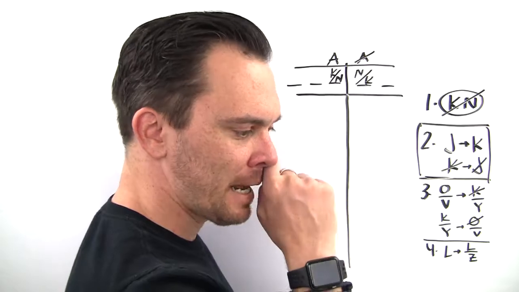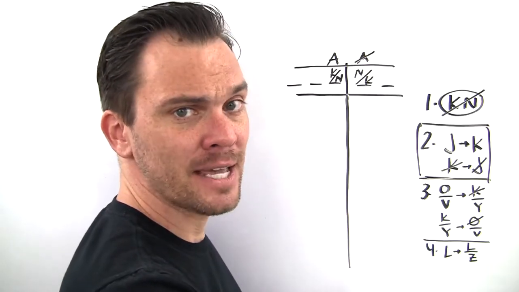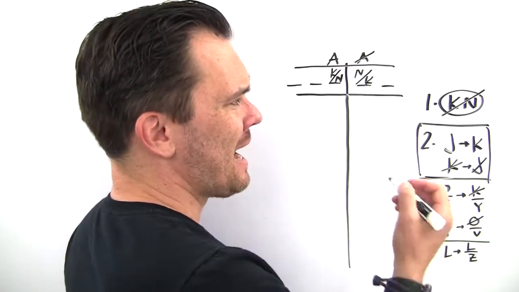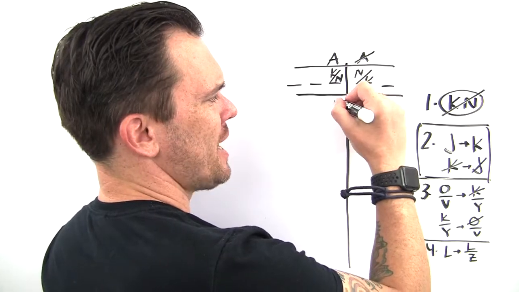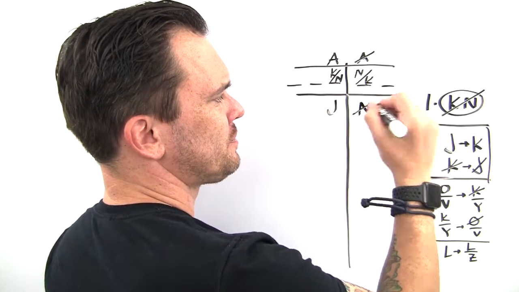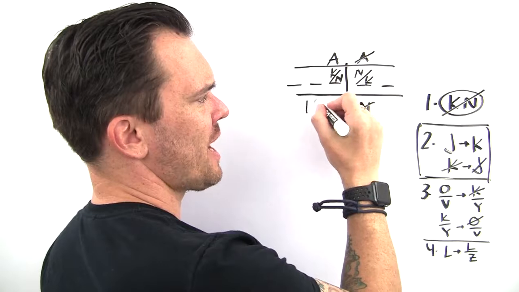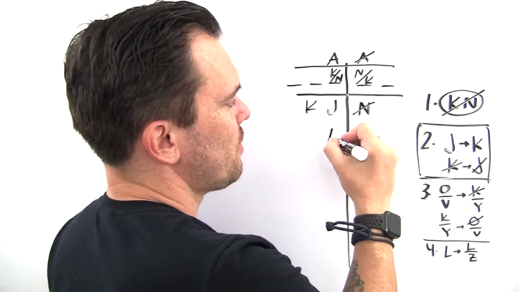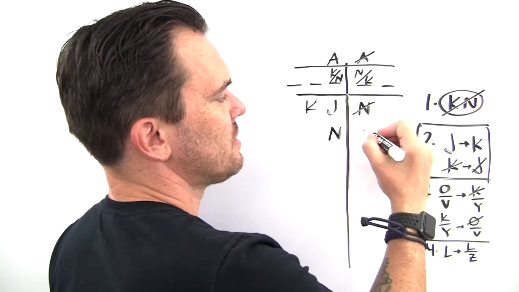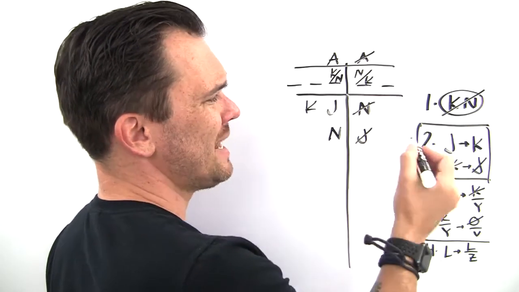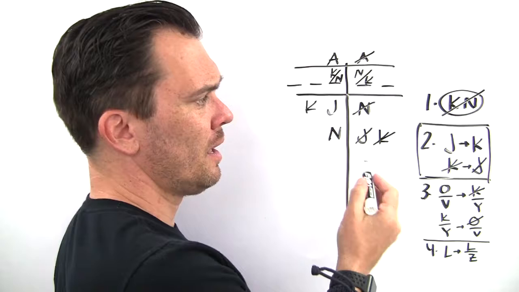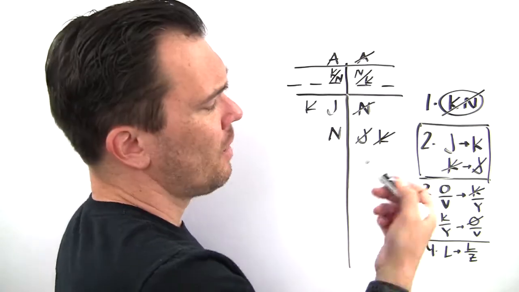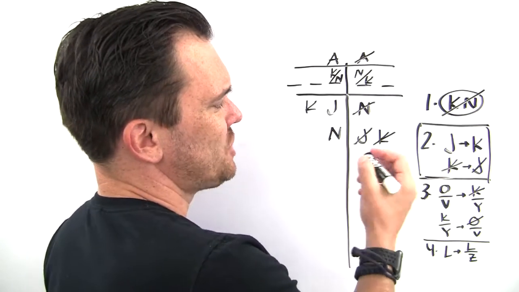If D is true and you can't have J and N both assigned together, then either you have J and not N, and if you don't have N, you must have K, in which case you follow this. Or you have N and not J, and N means no K, and you follow this. Or you don't have N and J together.